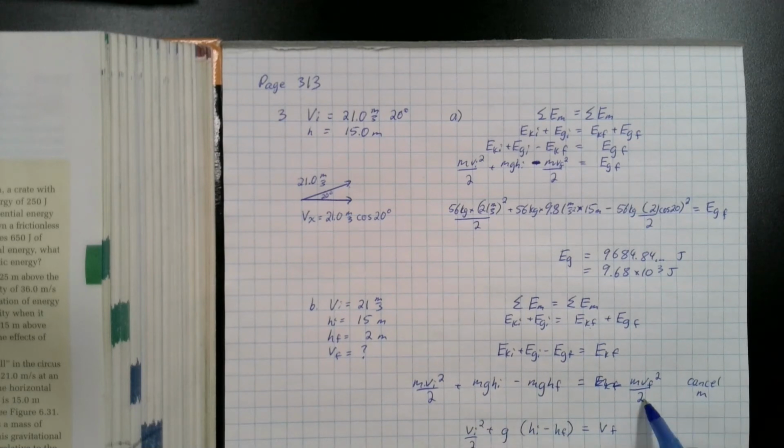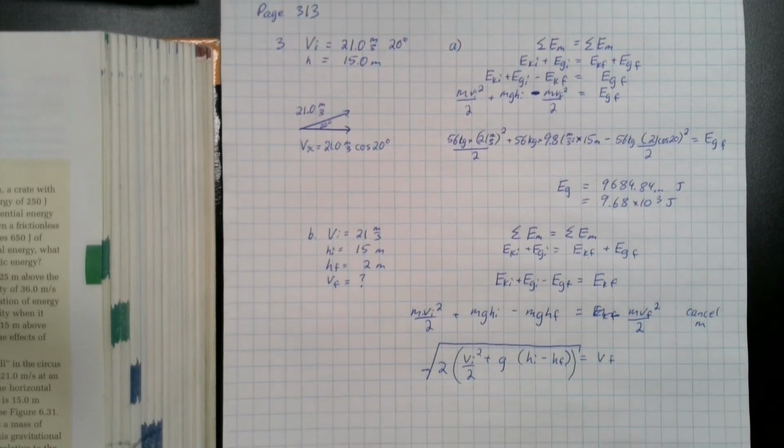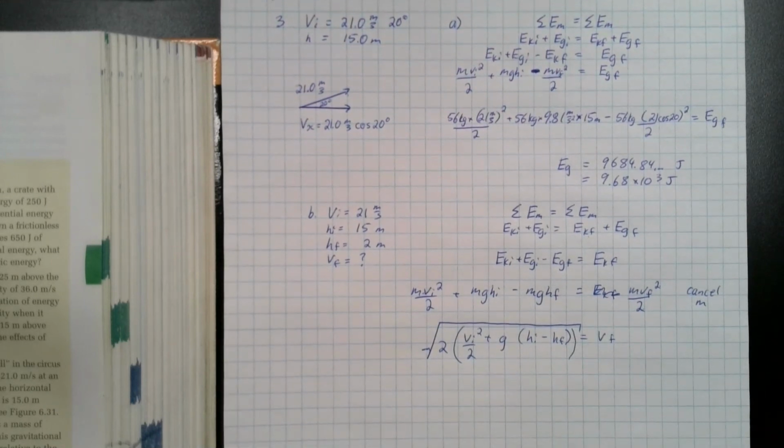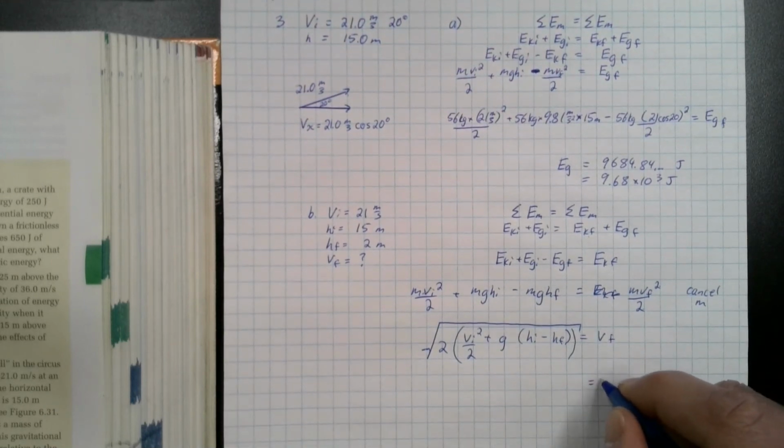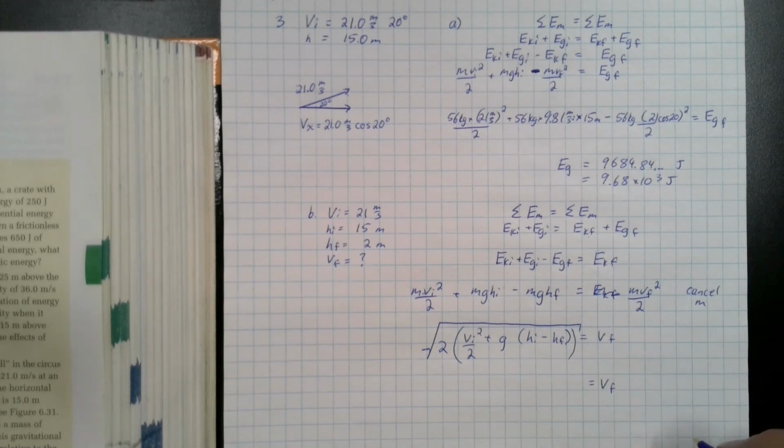Now to get rid of the 2 here, I've got to multiply this whole thing by 2. So I'm going to put it in brackets, multiply it by 2, and to get rid of the square, we have to square root this entire side. So now that we've done that, I'll go up a bit. So to figure out v final, we need to substitute in some numbers.